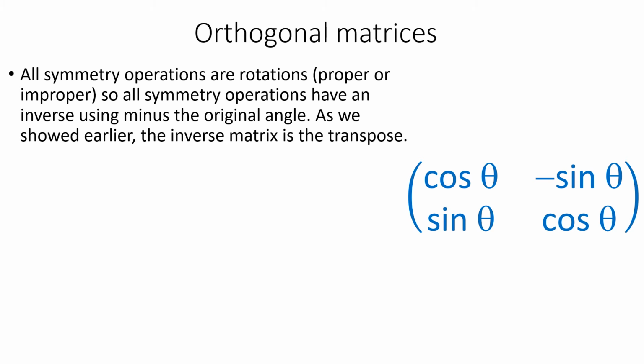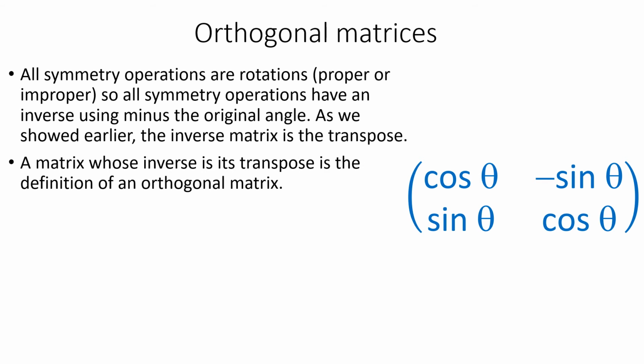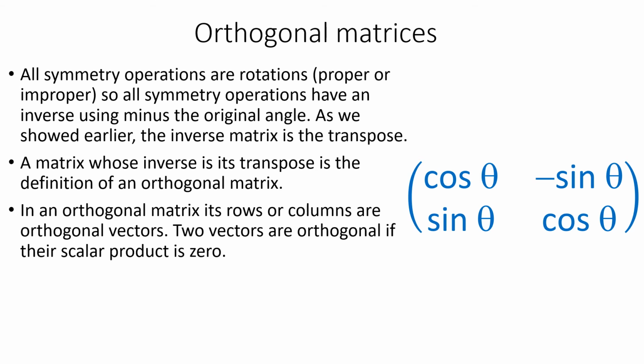So when we look at the inverse of a matrix, what it's going to end up giving us is effectively the transpose of that matrix, where the rows and the columns have been interchanged. And so in fact, this is one way of defining an orthogonal matrix, the matrix whose inverse is its transpose. And that's what we're looking at here with these symmetry operations.